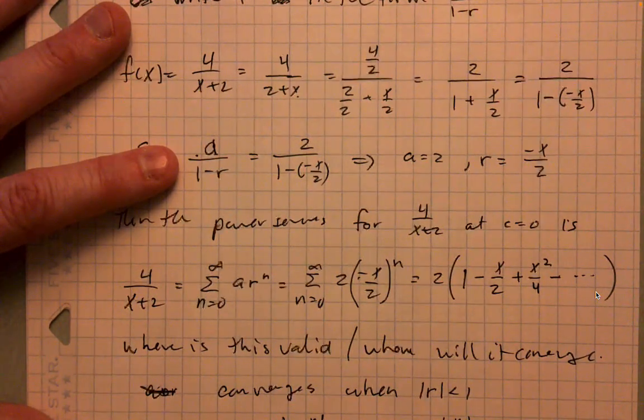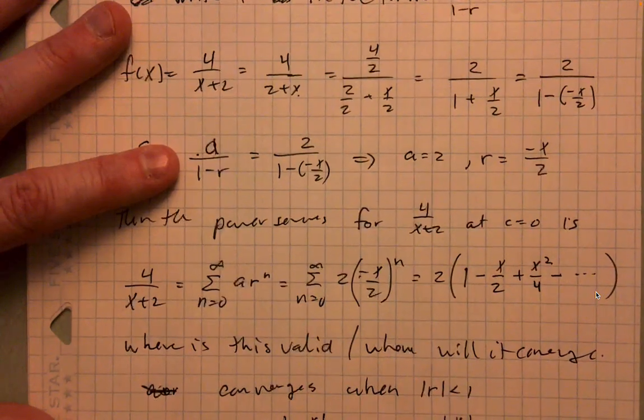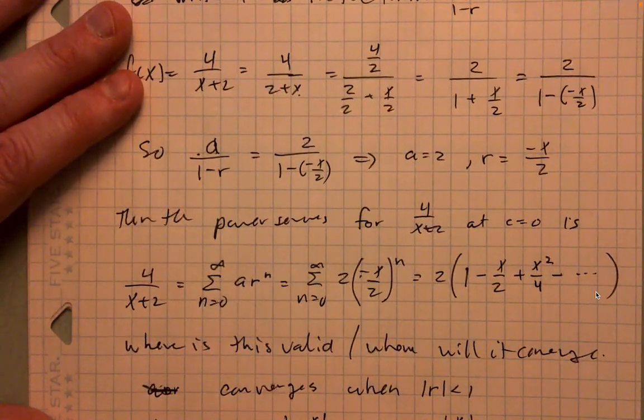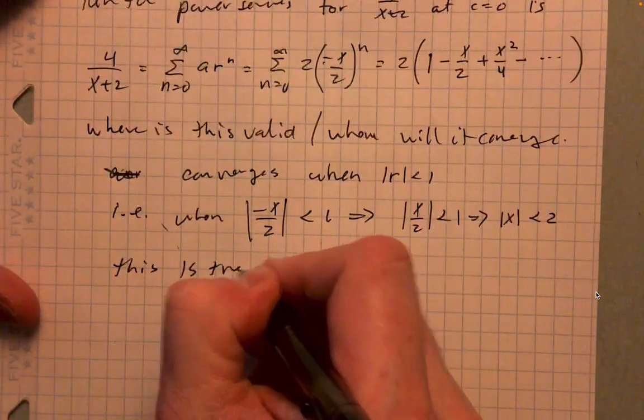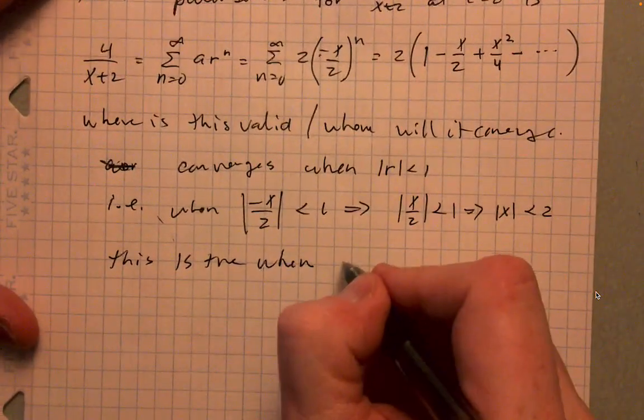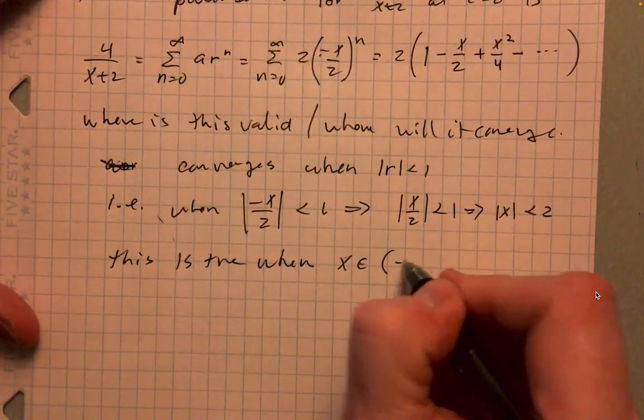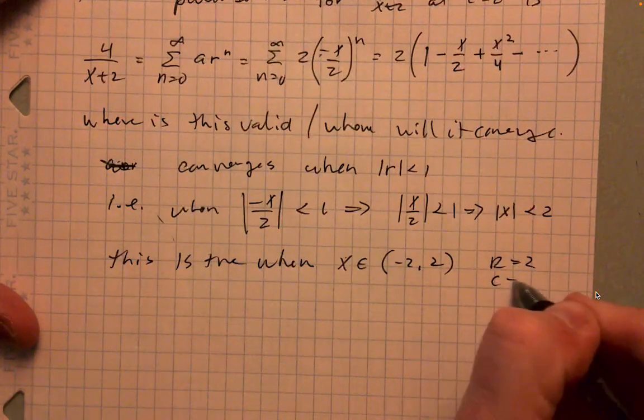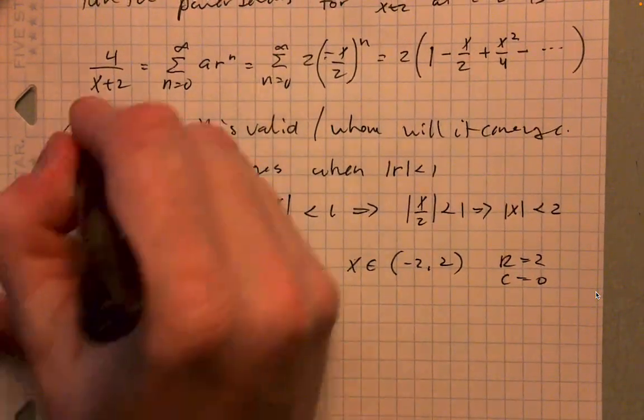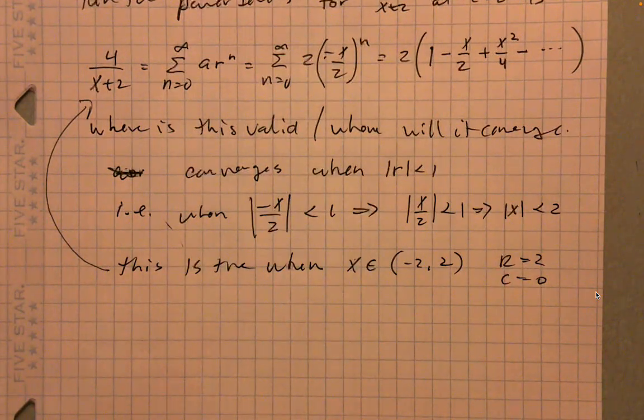Oh, I'm so sorry. So this is true when x is in the interval negative 2 to 2. So the radius is equal to 2, c is equal to 0. Okay, perfect. So that is a power series for this particular function, and it's a geometric power series. All right, excellent.